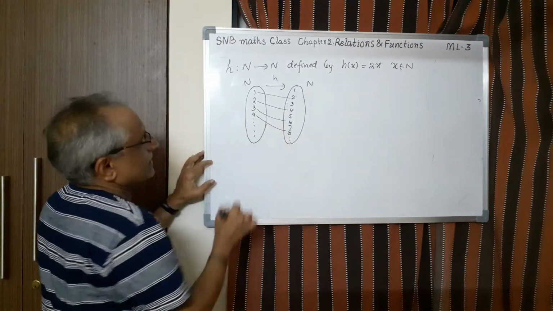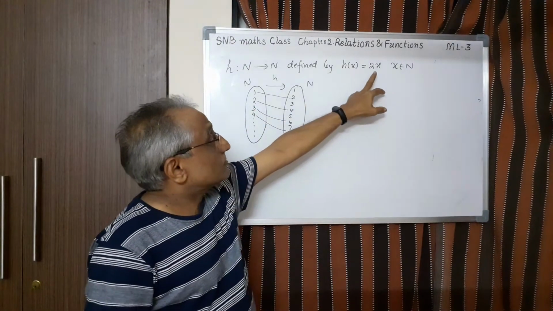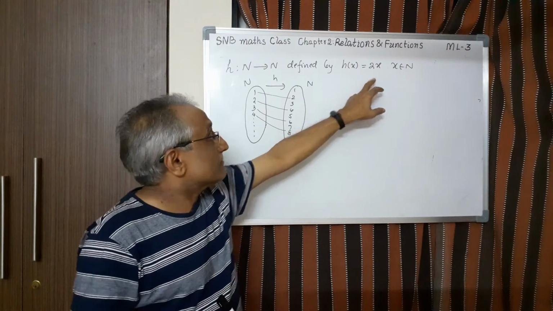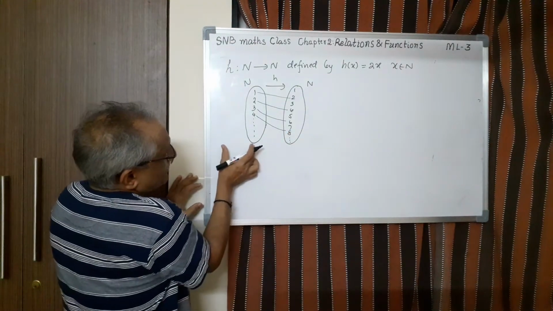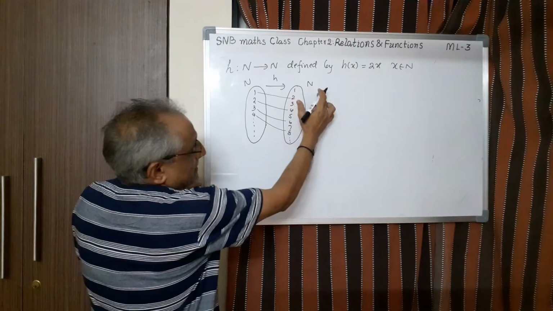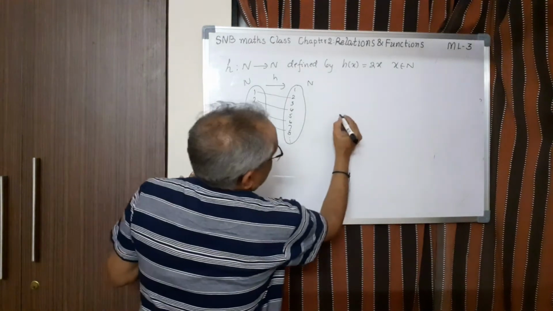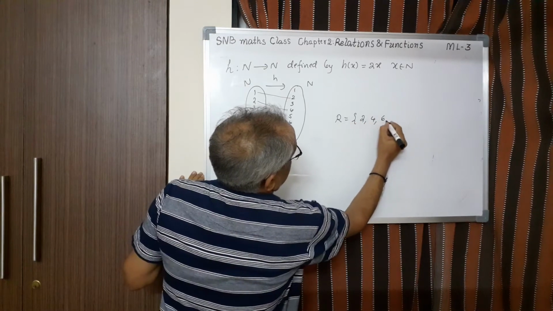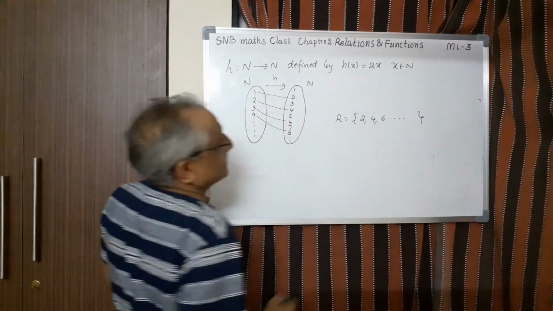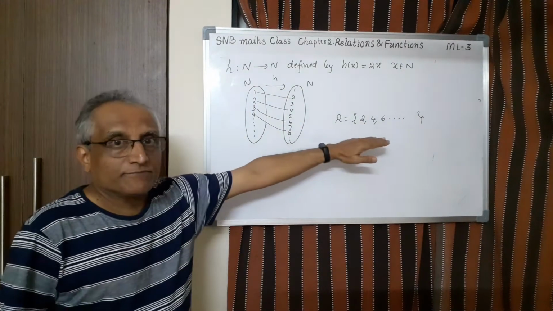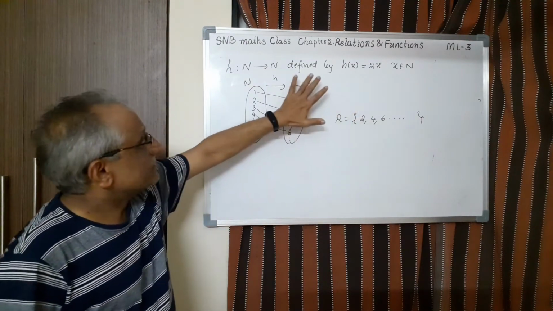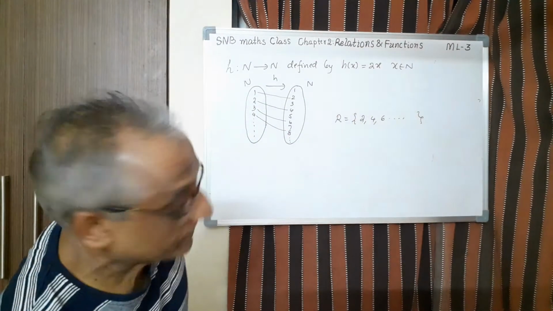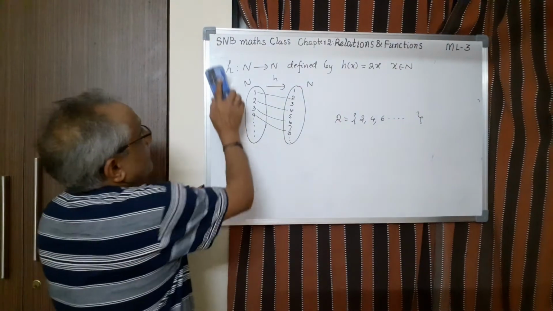Like this it continues. That means every number goes to its 2 times, that means even numbers. So here the domain is N. Codomain is also N. Range will be equal to 2, then 4, then 6, etc. All even integers. That is the range. Range is a subset of N here. So this is how we can find the given function.